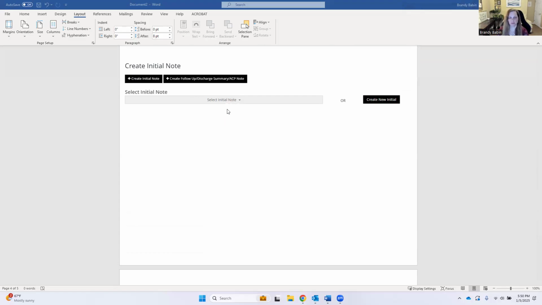You can't select anyone else's initial note. And then when you do this drop down, you can select that. If you're going to create a follow-up, you can click into select initial note, click create follow-up, and then it will let you use your initial note as a follow-up note. But we're going to create a new initial note here.